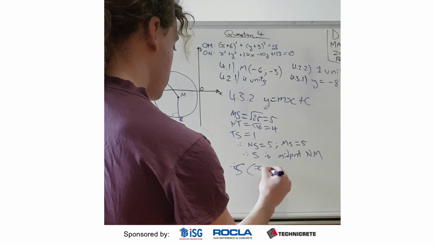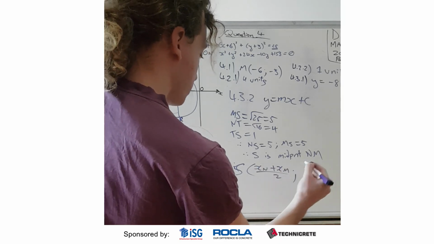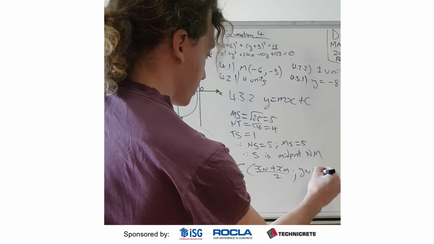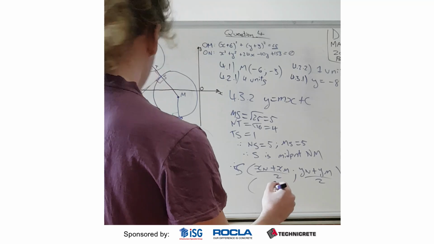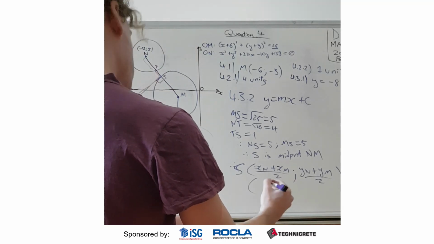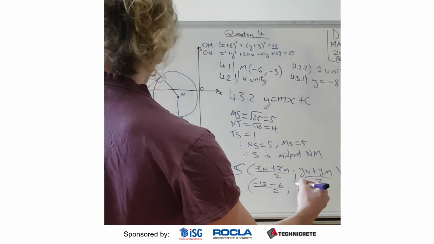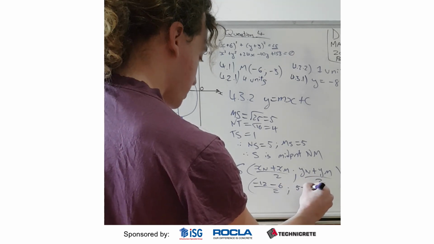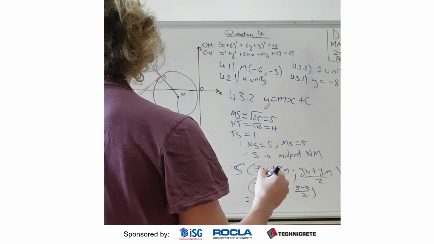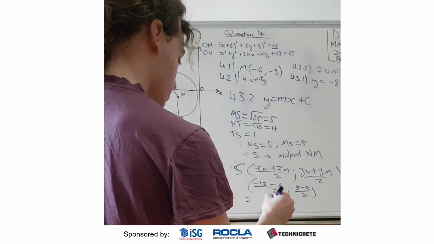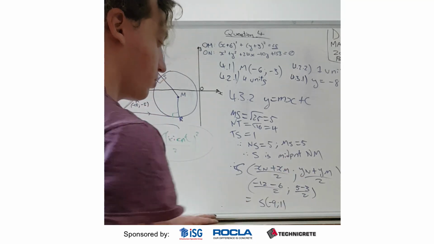What you do is you average the x's and you average the y's. So that's negative 12 minus 6 over 2, and 5 minus 3 over 2, which should get us -9, 1. Great. We found the coordinates of S.